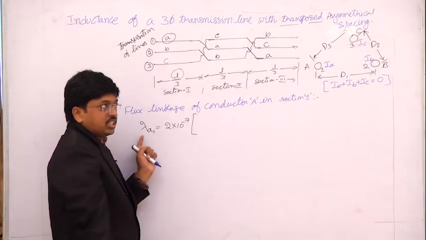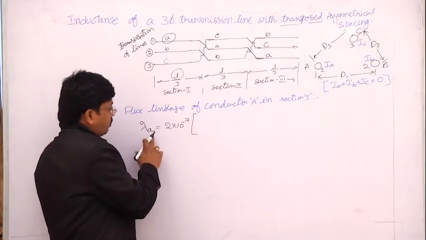Now we have to calculate the flux linkage of conductor A in position 1.